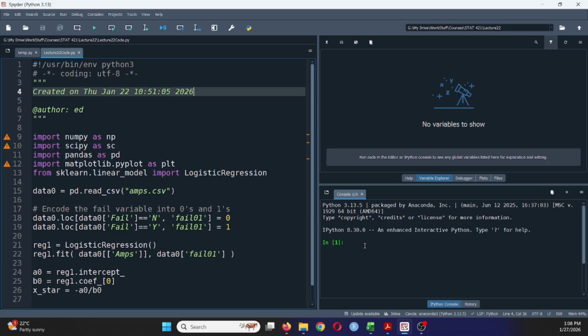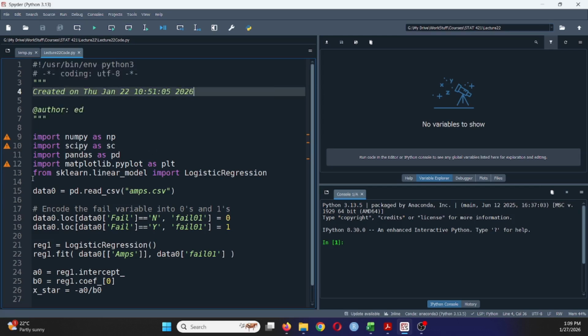All right, so we're here in Python now. Hopefully you've downloaded the data set, amps. I think I had it capitalized with a capital A, but it's okay. You've got the data set either off GitHub or Canvas, and you've set your directory to wherever this data is. Make sure you have that correct, that it's in the right place. Okay?